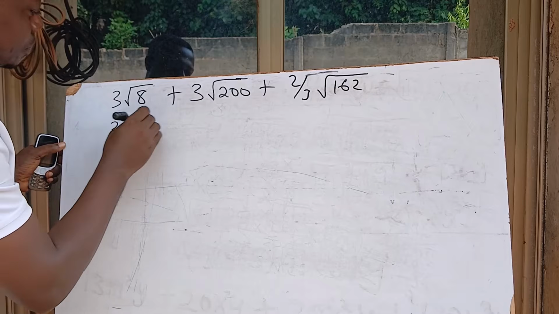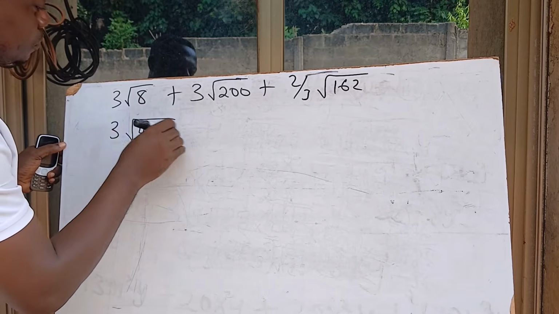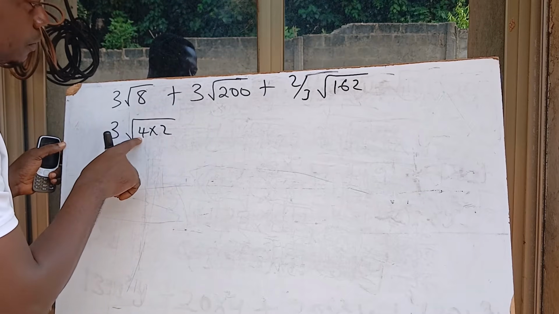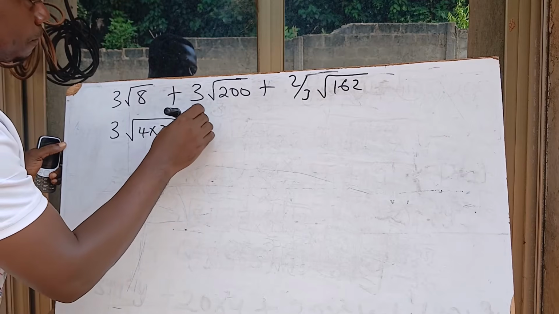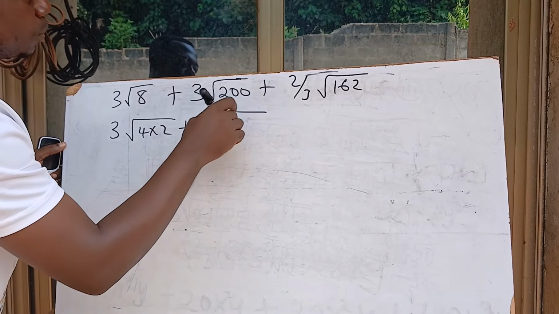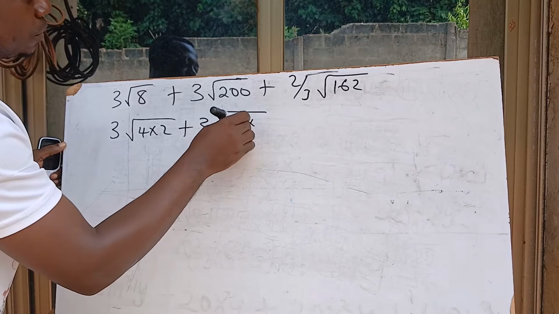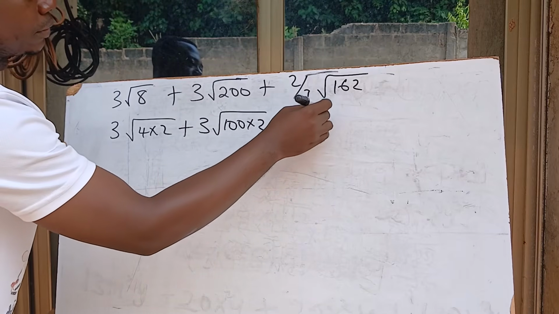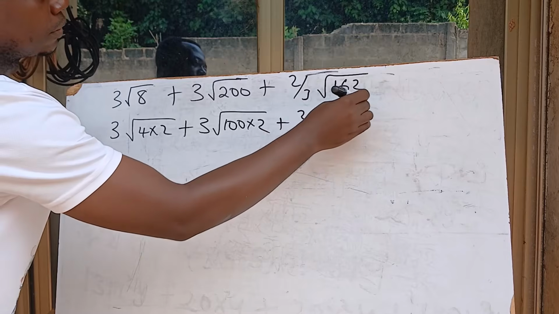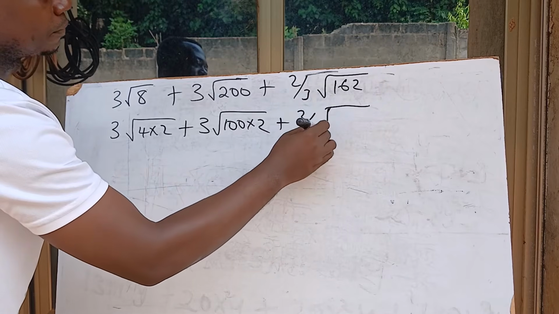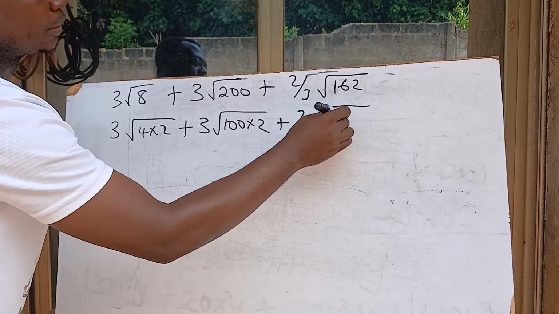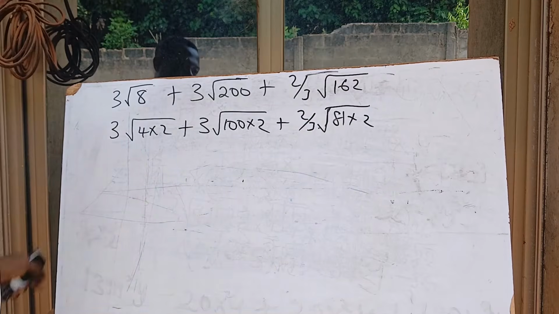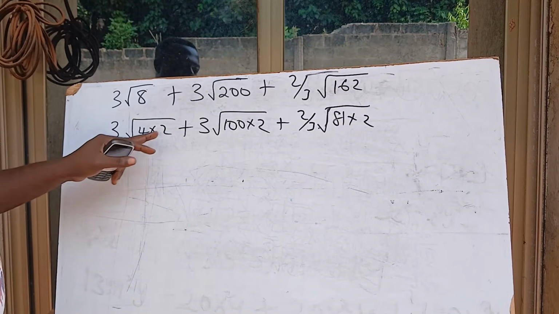So we have this. 4 times 2 is 8. 4 is a perfect square. So this one will be 100 times 2, the same 2. So 2 and 3. 81 times 2. Okay, so have this, have that.